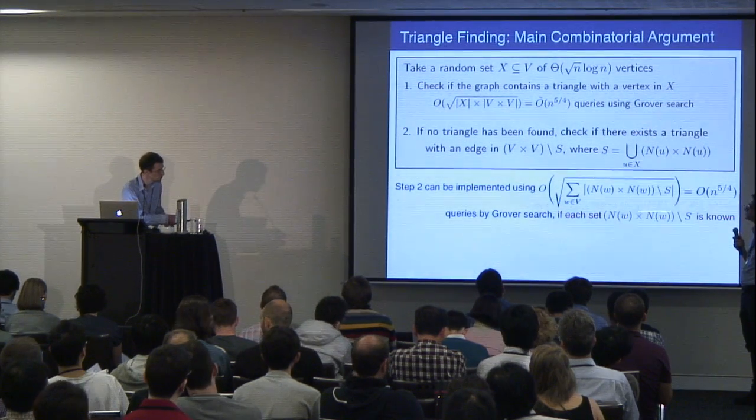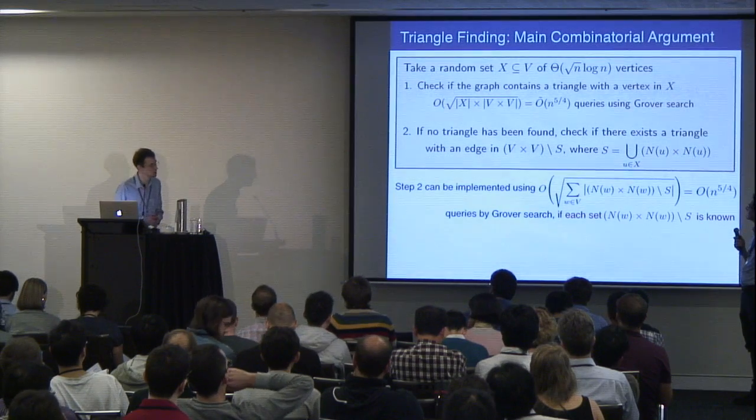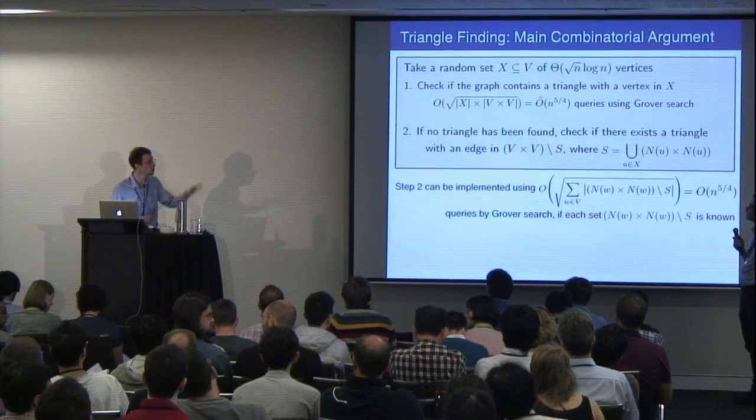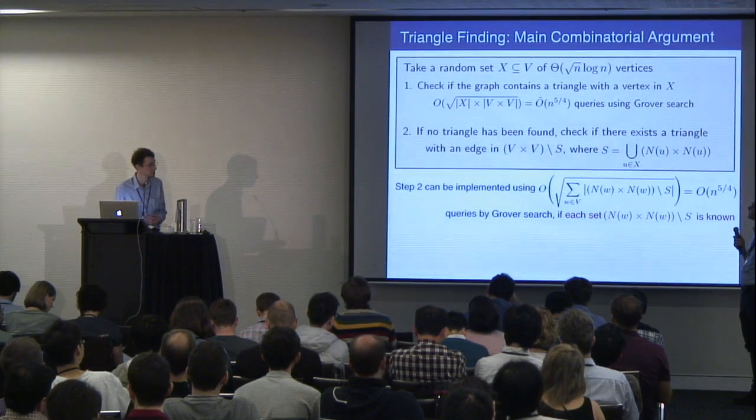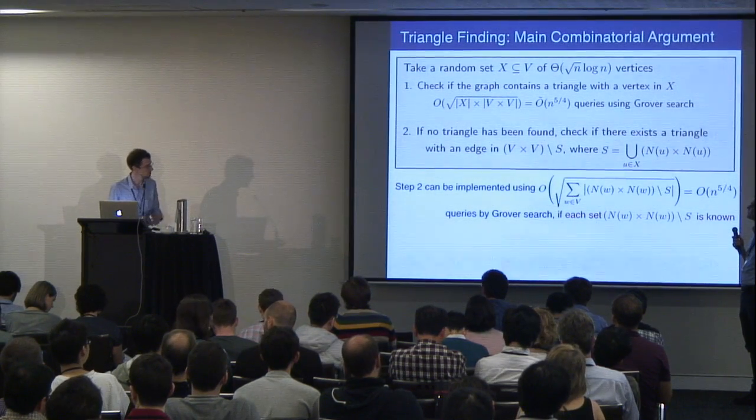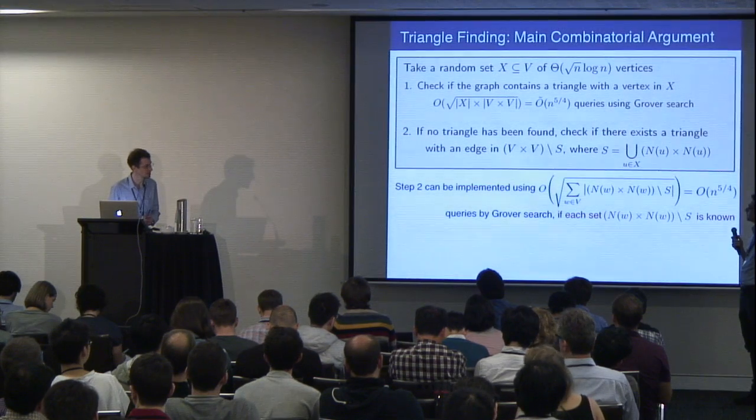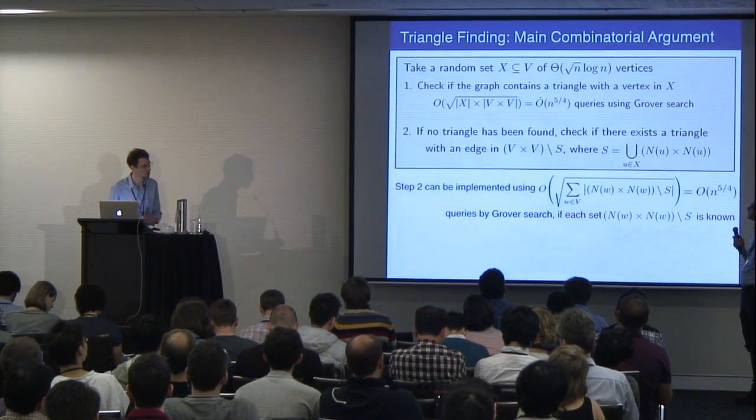Even if you do know this, you cannot obtain something better than n to the 5/4 with this approach. So you really need another combinatorial argument. It's possible that it exists, but it would require new ideas and new insight into the nature of the problem.